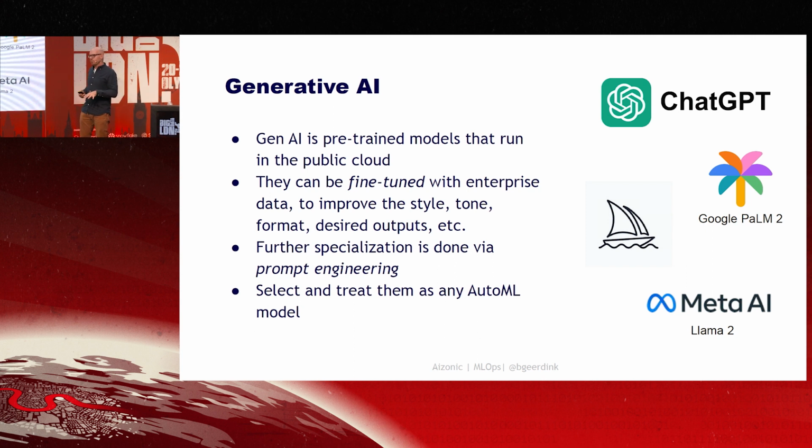There's already plenty of tools available that help you to fine-tune and prompt these models. So that's where probably your effort should go when you're going to use this. And then they fit the architecture nicely, because they are just an AutoML model that needs some kind of features, and that needs a little bit of prompt engineering, feature engineering basically, to get the right details from them.